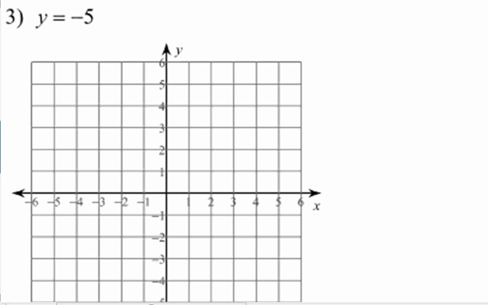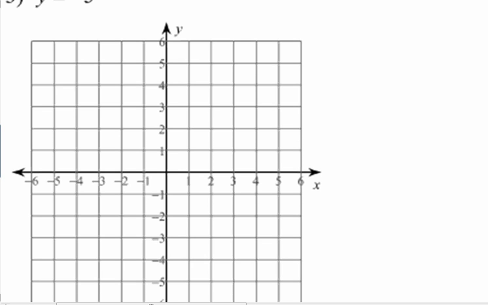Actually, two more. Y equals -5. Well, let's look at this. First of all, hopefully you know that y equals -5 on the y-axis is right here. But what this function is saying is that we're looking for every point where the y-coordinate is -5. So it's -5 on the y-axis.